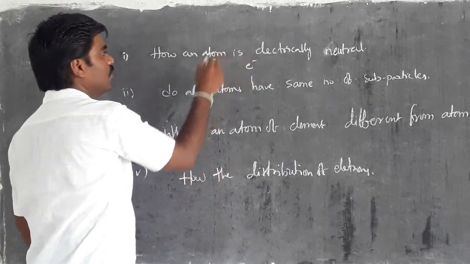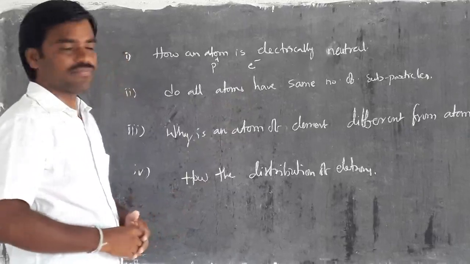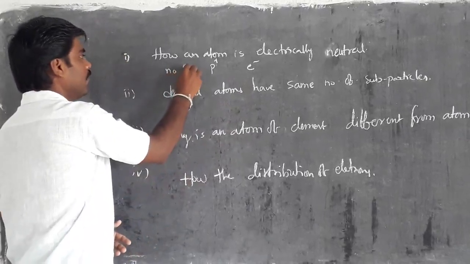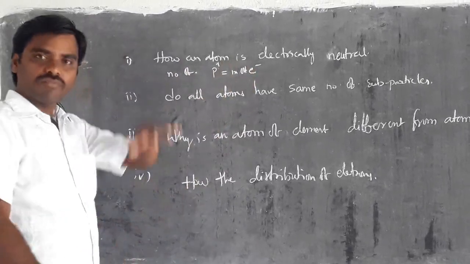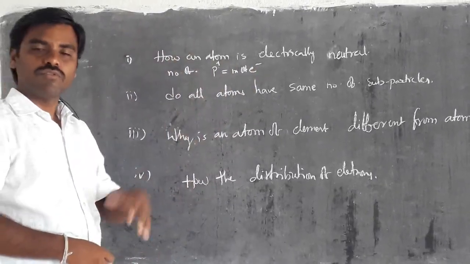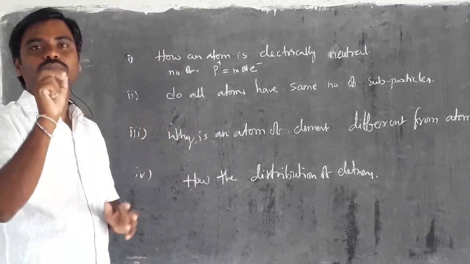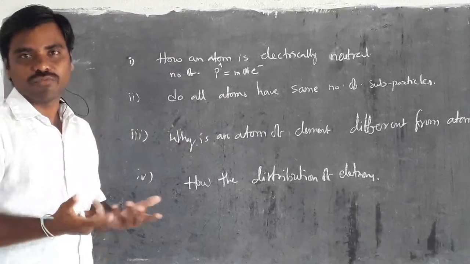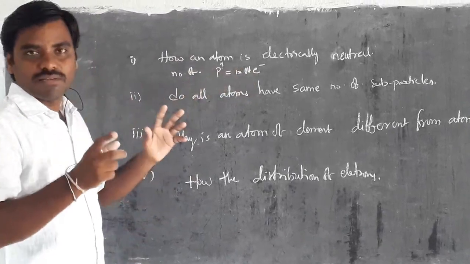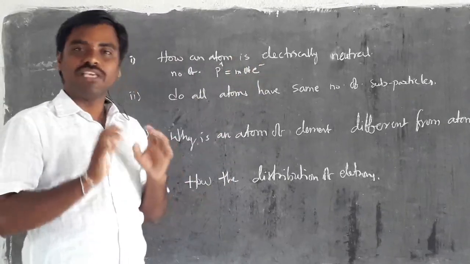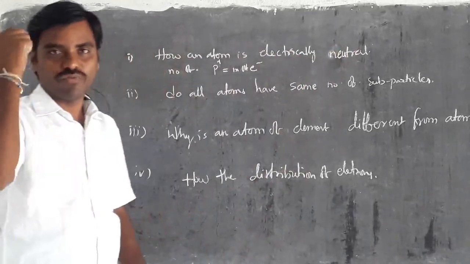Charged particles are only of two types: one is positively charged and the other is negatively charged. Here the number of protons equals the number of electrons. We discussed that when writing the electronic configuration in 9th class: Z is equal to the number of protons, and the same number of electrons. So the particles are equal in number and their respective charges are equal and opposite. For that reason, every atom is electrically neutral. We have to fix that in our brain.